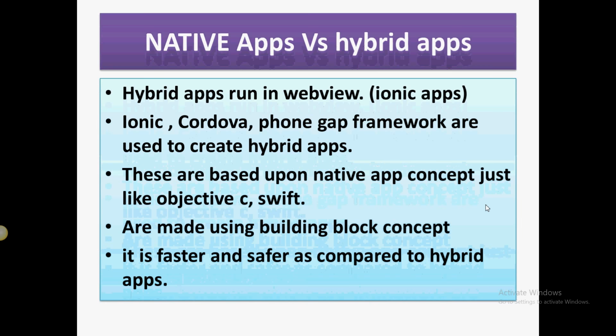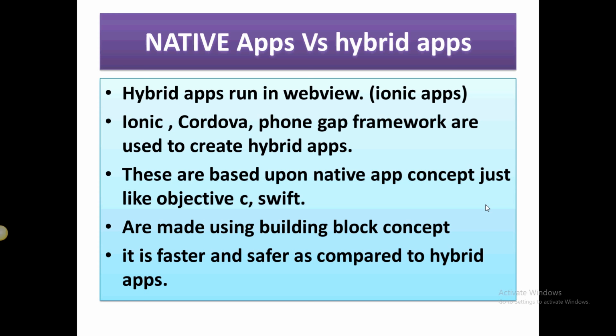Now, if we talk about what a native app is, we need to first compare what was being done earlier. Earlier, we used to use hybrid apps. First, the Ionic framework was there, and it was doing the same thing. We needed to do the programming in JavaScript, AngularJS, and HTML, and then it was being compiled on two different platforms, Android and iOS.